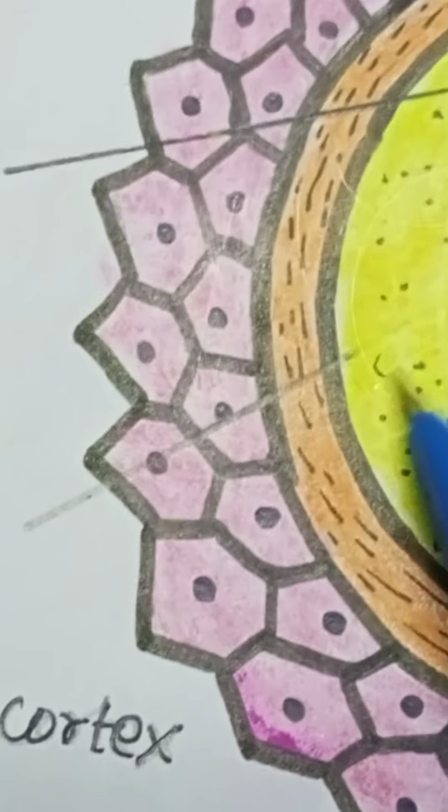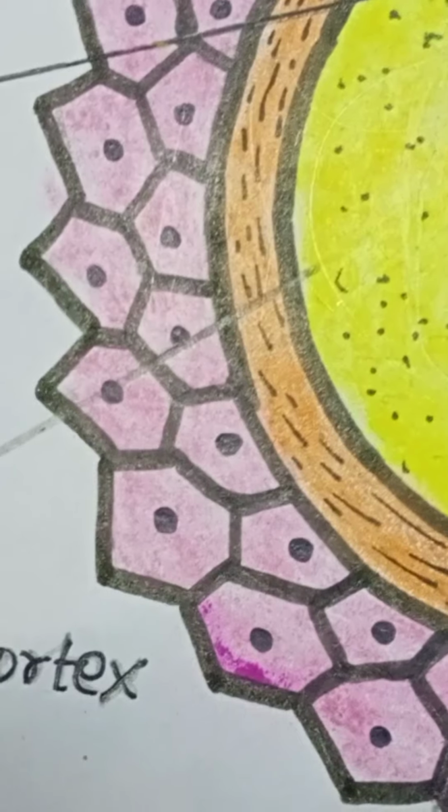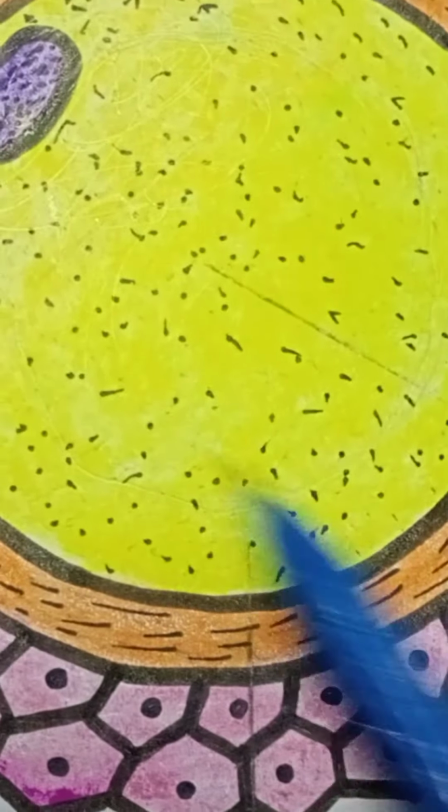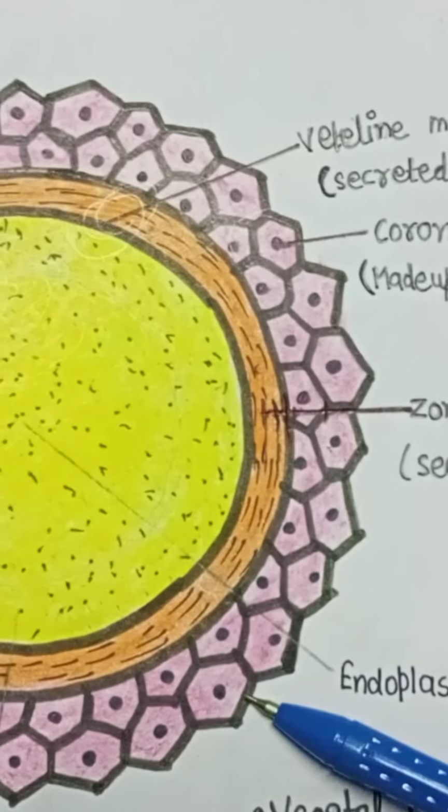This part of the ovum is called the exoplasm or egg cortex, filled with cytoplasm.